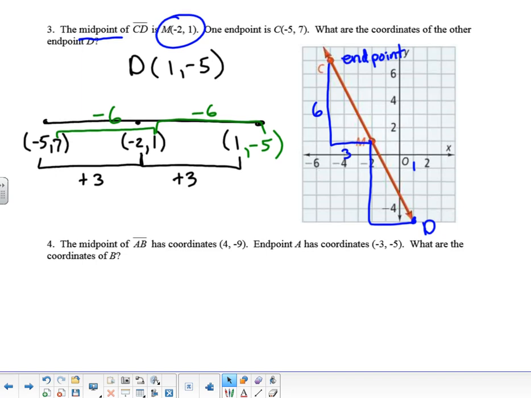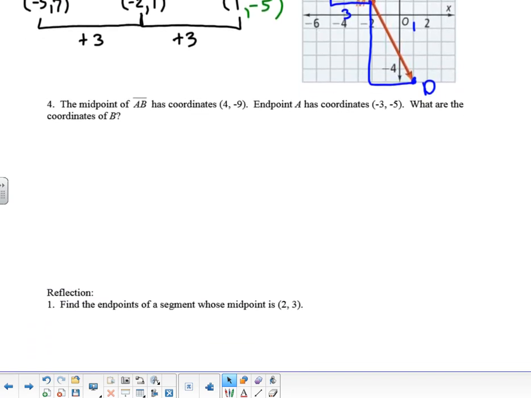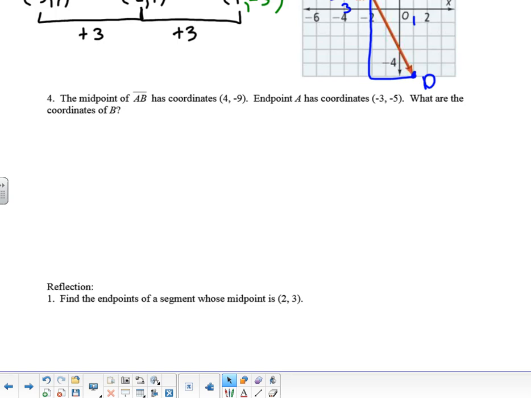And we'll try one more example here with number 4 that's similar to that. The midpoint, okay, again, pay special attention. Very common mistake, people misinterpret this. The midpoint of AB has coordinates 4, negative 9, okay? So this is the midpoint. Endpoint A has coordinate negative 3, negative 5. What are the coordinates of B?